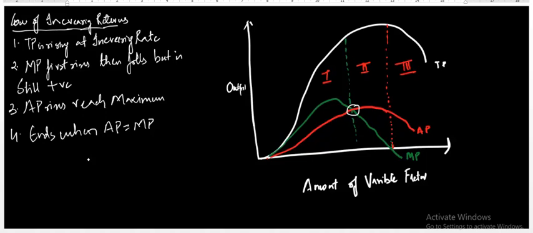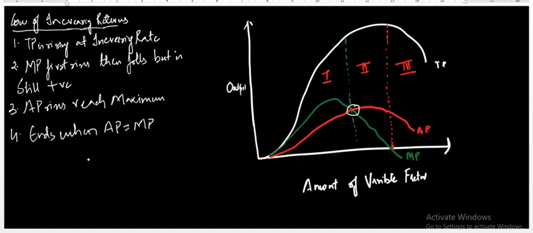Any change in production comes only from the change in the variable factor. So when I employ one variable factor, one laborer, on a machine, I produce some amount of output. As I increase the amount of labor on this machine, the output is going to increase at an increasing rate.